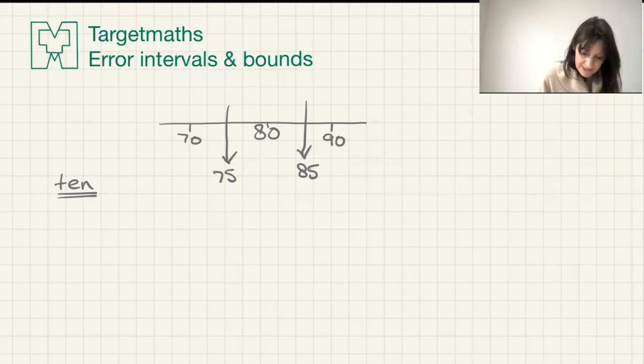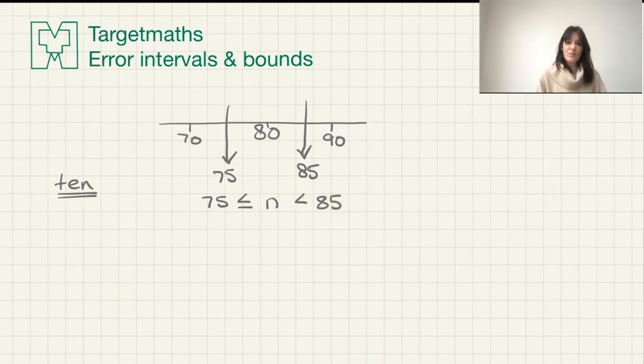Now all I have to do is take the endpoints. 75 would have rounded up to my number, and it could equal it. And as long as it's less than 85, it works. Now I've put n in the middle because that n is representing the value, the number that it could have been. Okay, and there is my error interval right there.